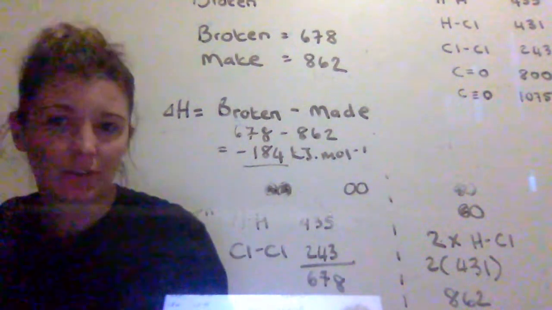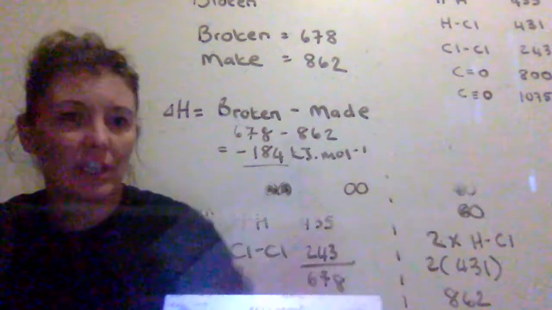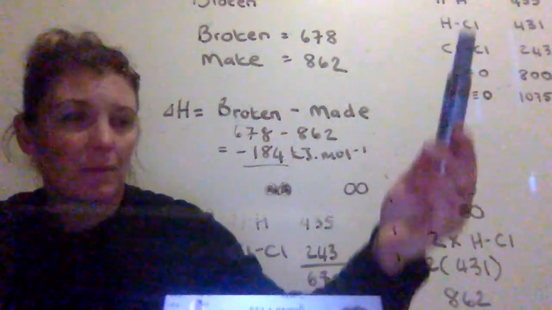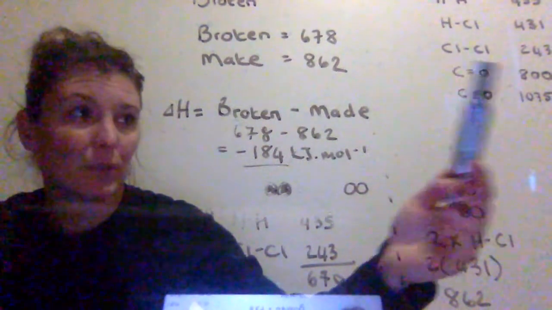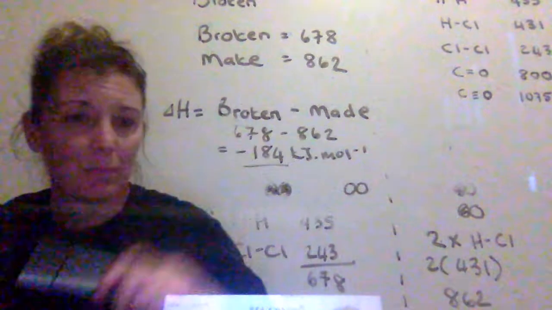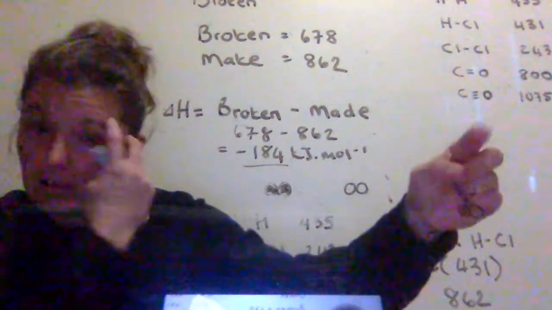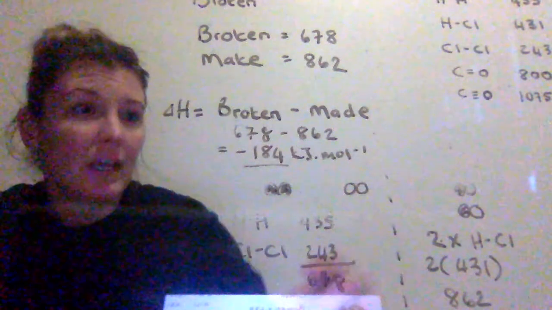So let's quickly go through it again. They give you a table of energy requirements needed to either make or break the bonds. So that's universal, and it doesn't have a sign because it could go positive or negative depending on what the reaction is.